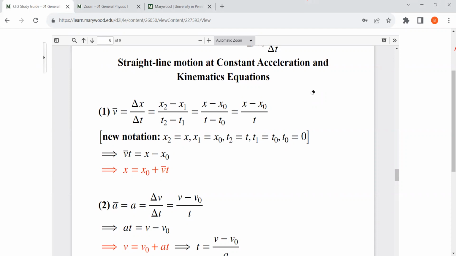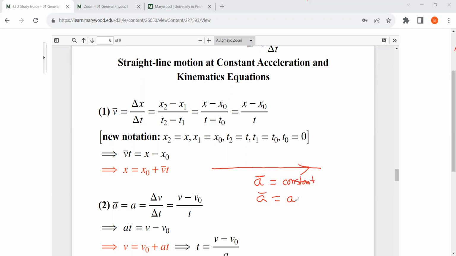If the object moves in a straight line, and if the object's acceleration is constant, meaning the average acceleration is constant, then you can write something like this. The instantaneous acceleration and average acceleration should be the same.